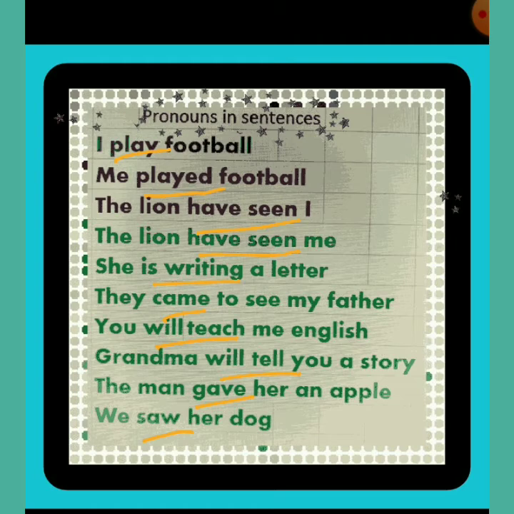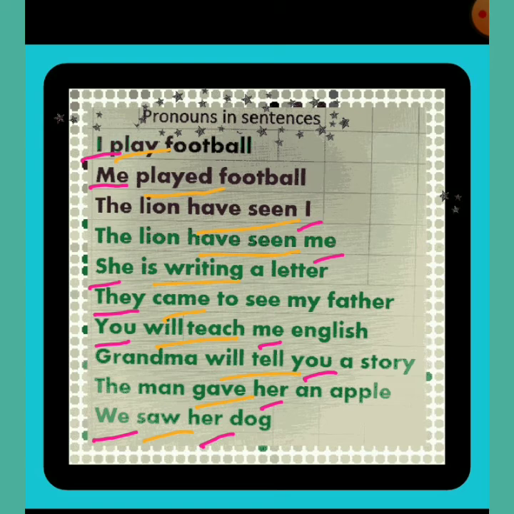Now let me underline all the pronouns here. Here it is I, me, again I, me, she, they, you, again me, you, her, we. So these are all the pronouns here. So let us see what is the function of the pronoun here.